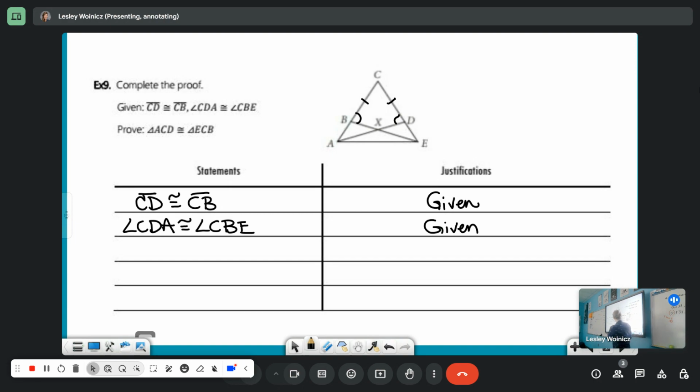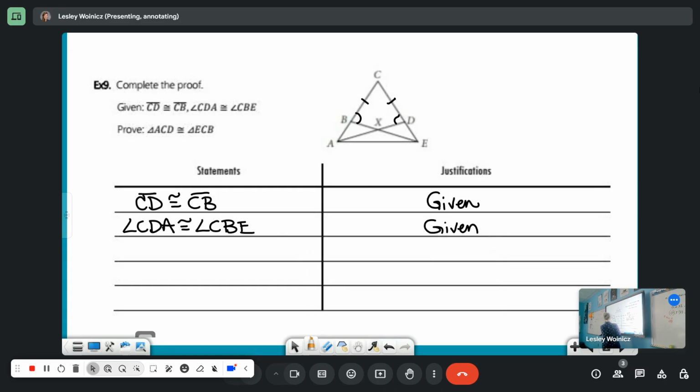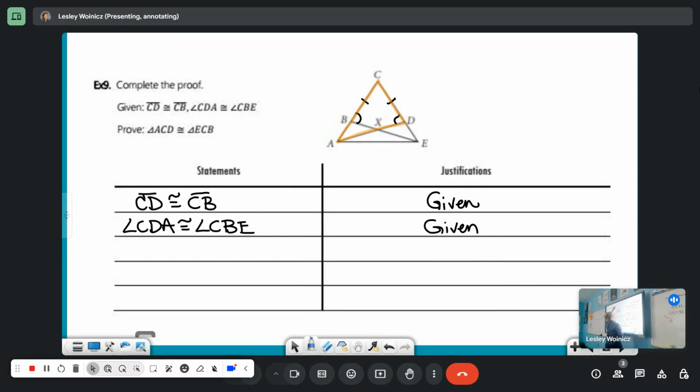Should we redraw them, or do you think you can do it without redrawing? Without? Okay, I am going to highlight them. So if you're like a more visual person and you want some highlighters, I do have highlighters that you can borrow. They're over here. All right, so CDA is my first triangle. And my other one is CBE.